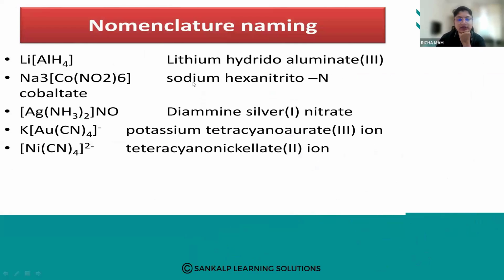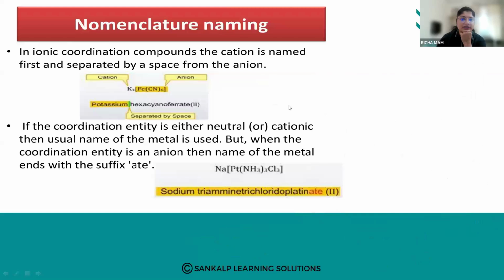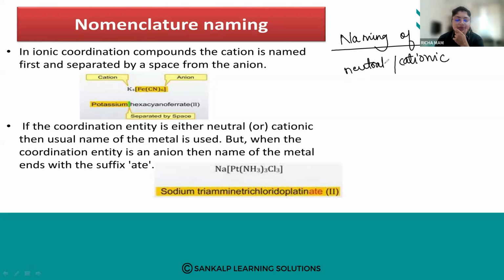Now we have seen how to name the ligands. Now we will see how to name the central metal ion. Naming of the central metal ion: if the complex ion is neutral or cationic, the metal ion is named without any characteristic ending.